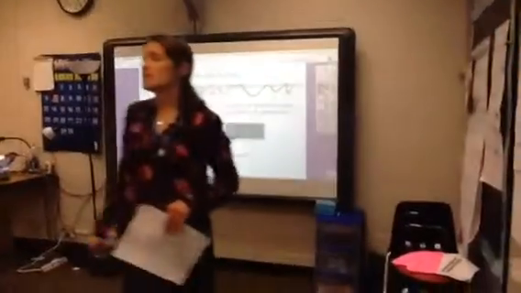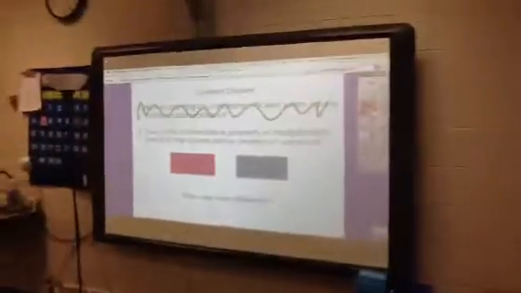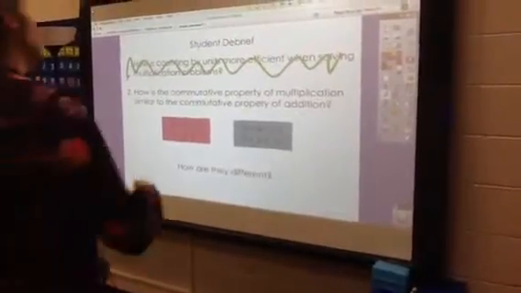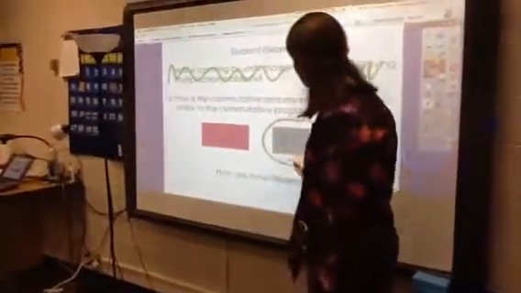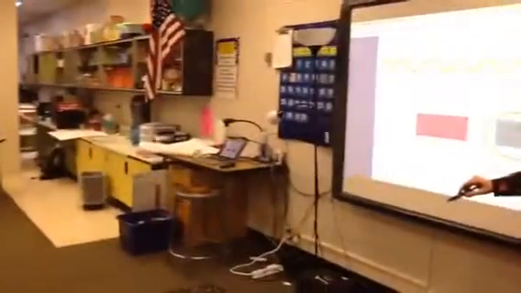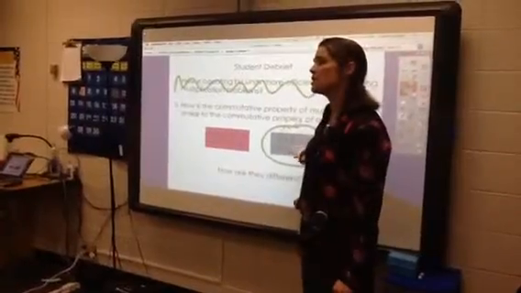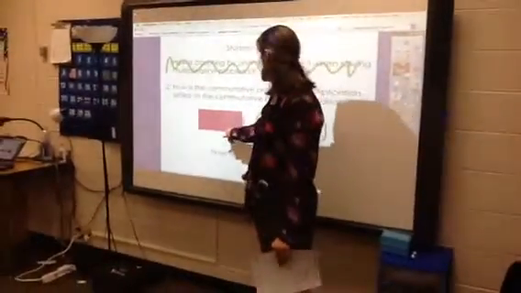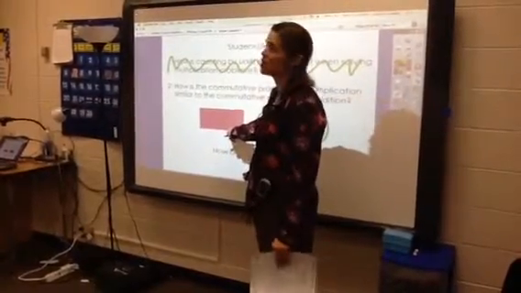We learned about the commutative property of multiplication. This is the work we did today. And somebody called it the flip it, the turnaround. Okay, turnaround fact.